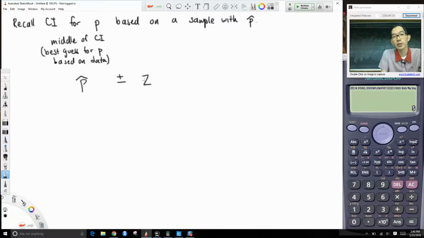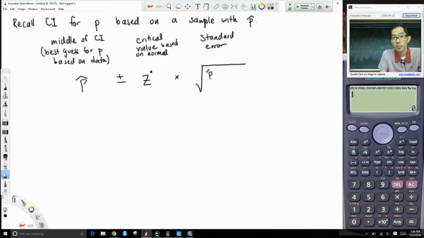Z star, a critical value, based on the basically normal distribution because of the central limit theorem. We multiplied that by the standard error, which was our standard deviation of the sampling distribution, the square root of p hat times 1 minus p hat over n.